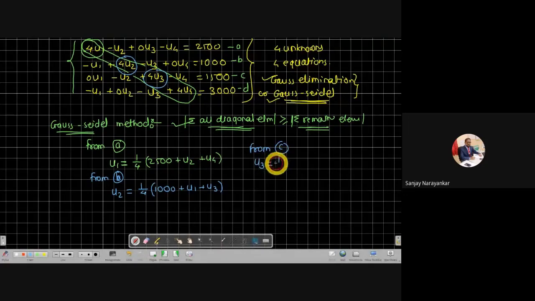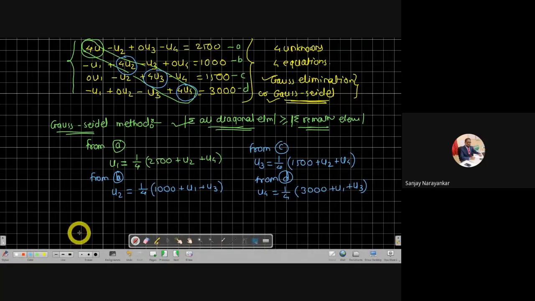U3 is equal to 1 by 4 (1500 plus U2 plus U4). And from D, we will write for U4. U4 is equal to 1 by 4 (3000 plus U1 plus U3). So we got all these equations.